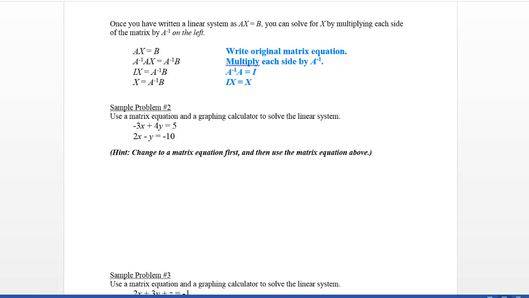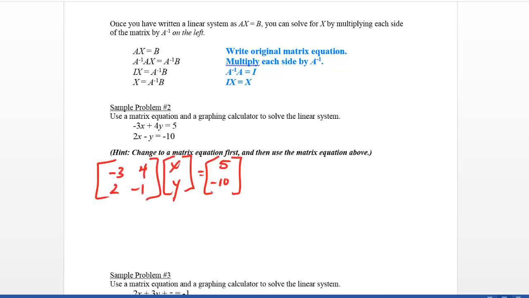We'll start by setting up the matrix equation. Now we'll rewrite this matrix equation as X equals the inverse of A times B. Now keep in mind the X and the Y stacked together represents our variable matrix.